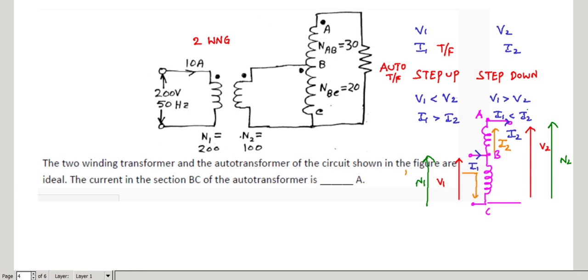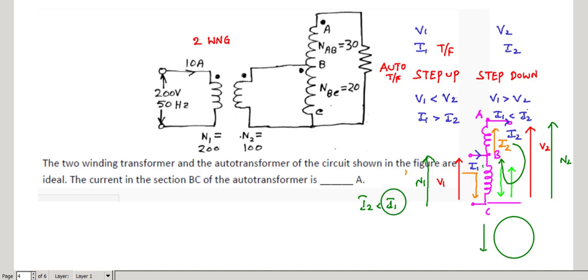The current in this winding, whether it is downwards or upwards, you can clearly observe I1 is flowing like this, and I2 is coming like this and flowing upwards. But for a step up transformer, I2 is less than I1, that means I1 is greater than I2.